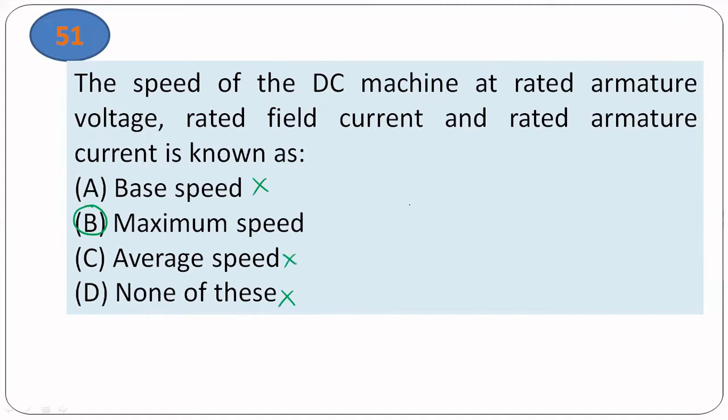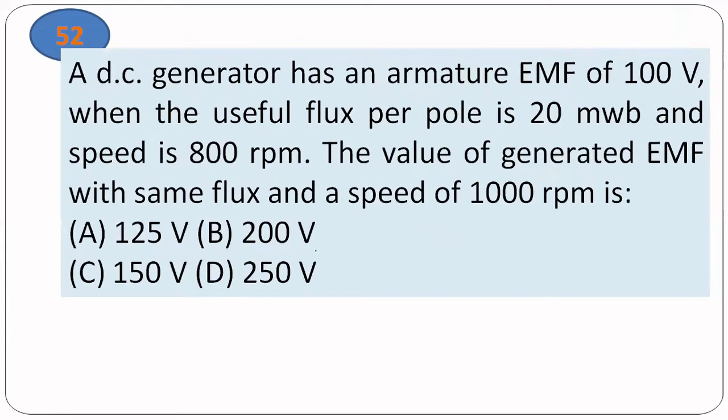Okay, because we are speaking about armature current, field current, and even the armature voltage. Altogether, all of them are maximum. So this will generally lead to the maximum speed of the motor. So option B is the correct answer for this question.